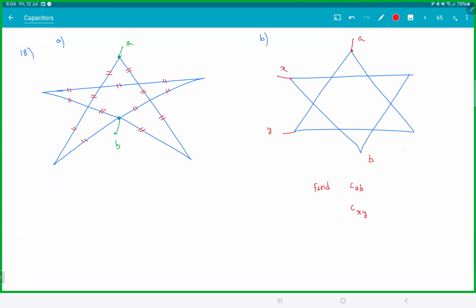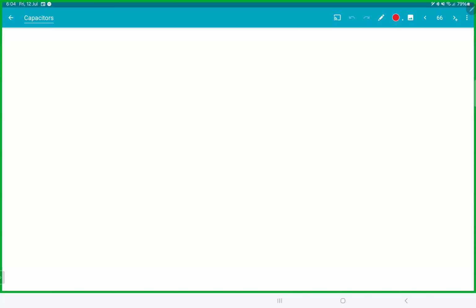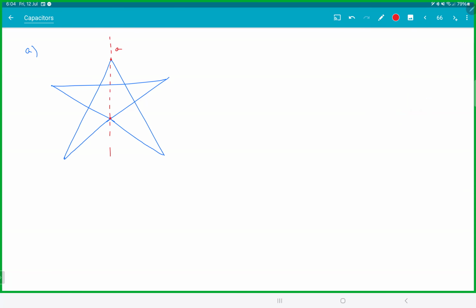Six C by 7, 3 C by 10. Okay. Let's see the first one. Now see, this is A. If you drop a line here, this is B. So left and right are identical.